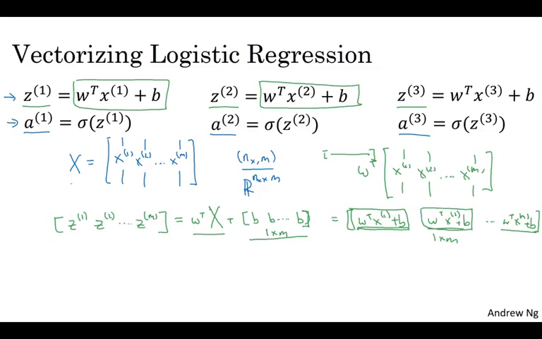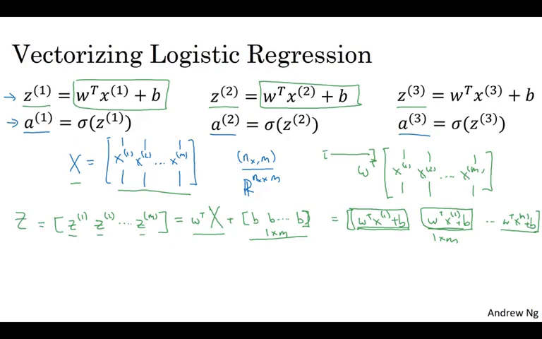Just as X was what you obtained when you took your training examples and stacked them next to each other, stacked them horizontally, I'm going to define capital Z to be this, where you take the lowercase z's and stack them horizontally.